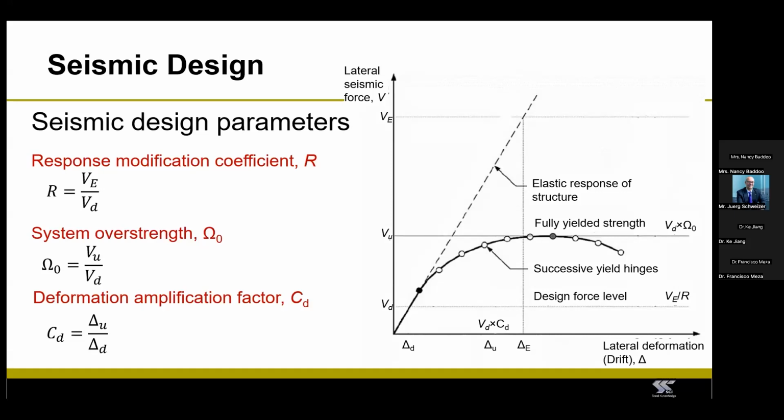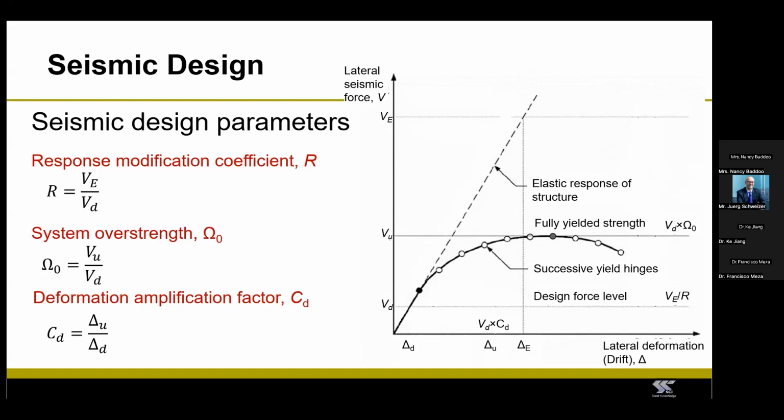We also have the system overstrength parameter, omega sub 0, which is used to account for the additional strength beyond the design strength that the structure is able to provide before becoming a mechanism. This parameter is used to calculate the forces that the non-dissipative elements have to be able to resist to ensure that they remain elastic during the earthquake.